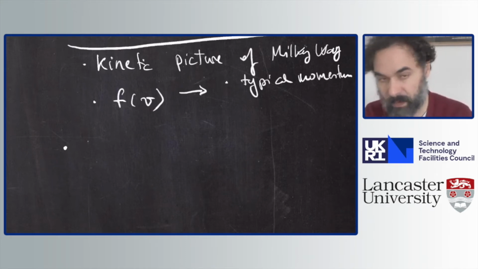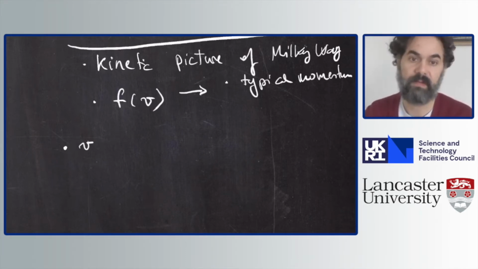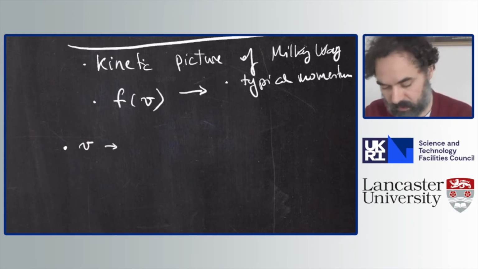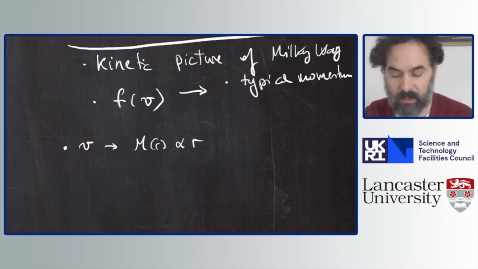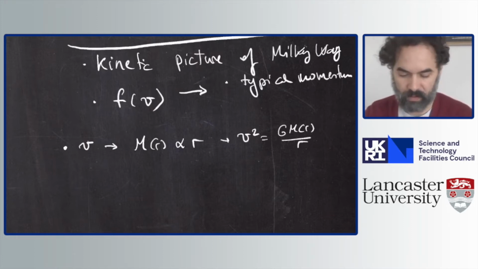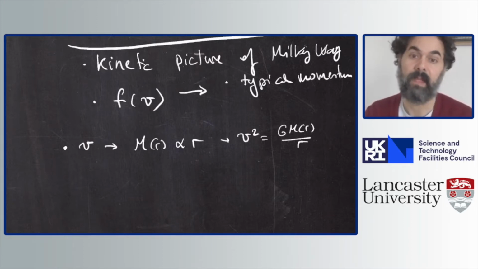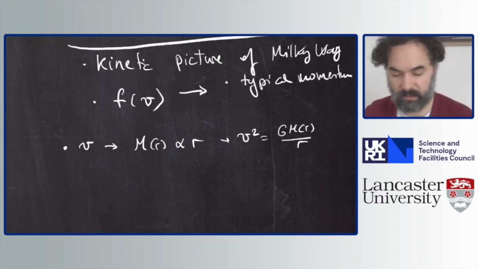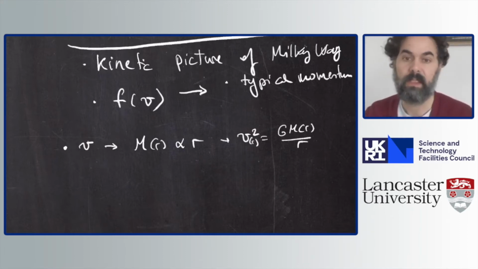We know that they have to reproduce rotation curves with fixed velocity, and I already told you that this means that the mass should grow as r, to satisfy the equation we had already written. So if the mass grows as r, then the velocity is constant as a function of r.